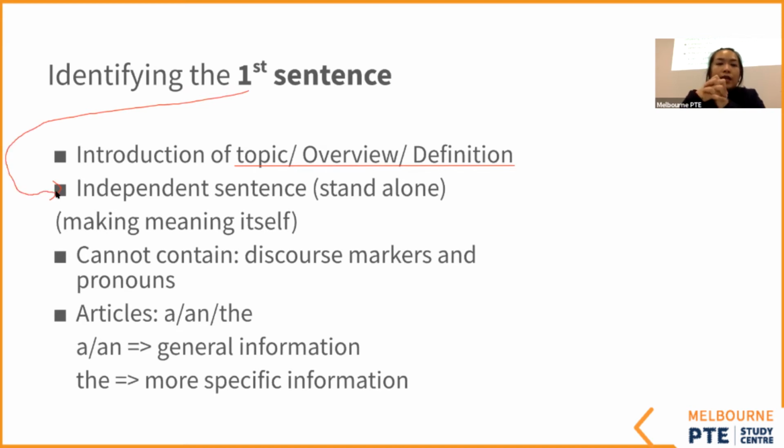So first of all, an independent sentence is a sentence that can stand alone. Okay, a sentence that can make sense by itself. It makes meaning by itself, right? It can be a statement, yep. But it doesn't need to depend on another sentence to make sense. Do you get me?